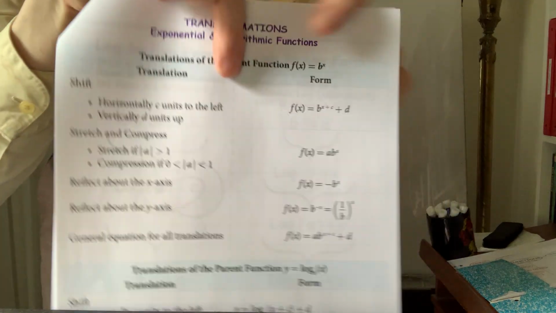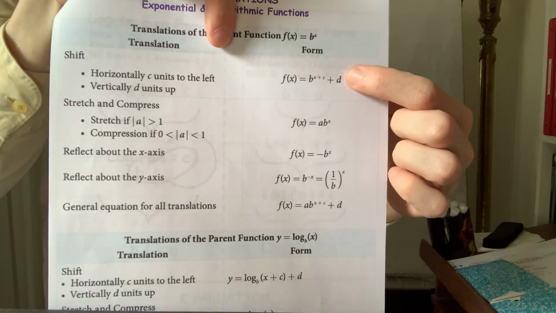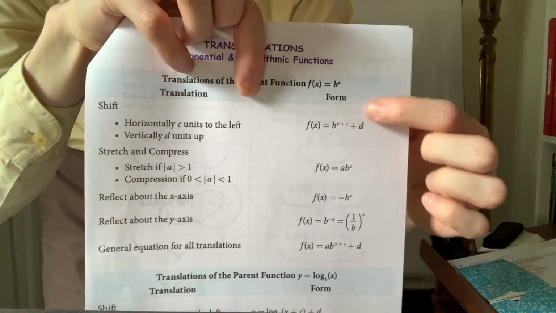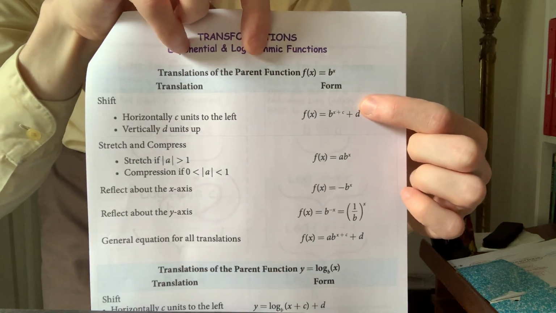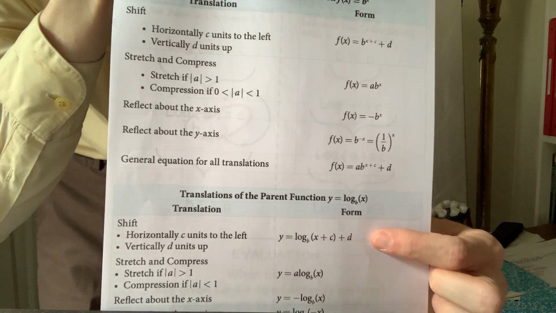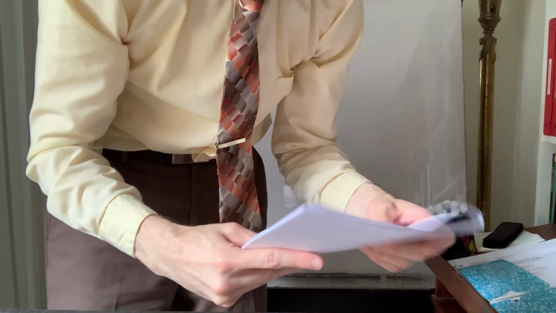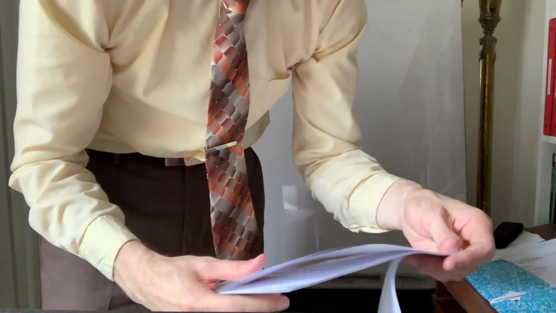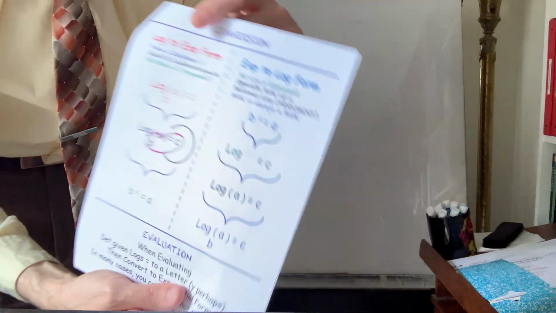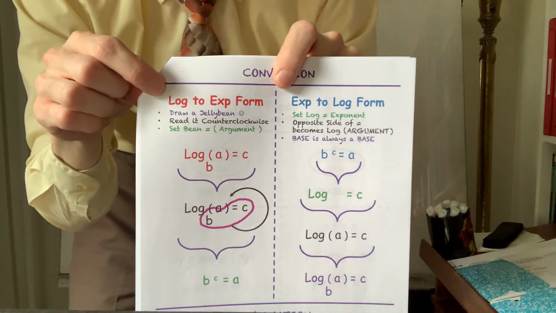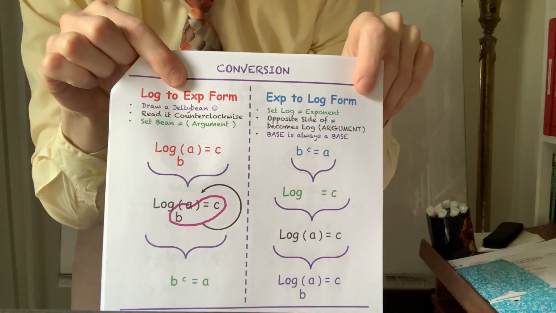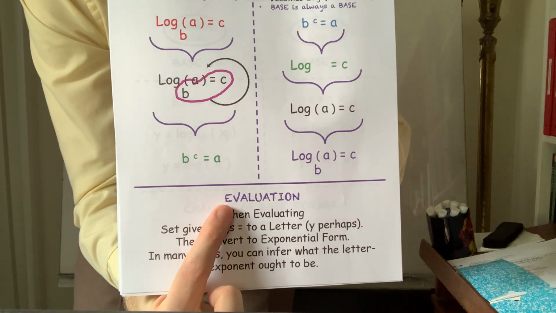These are different versions of the transformation model pertaining to each, the exponential version and the logarithmic. And this is a sheet I made again, how to convert from logarithmic form to exponential form and vice versa, and when you're evaluating.